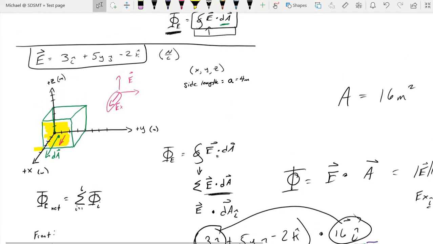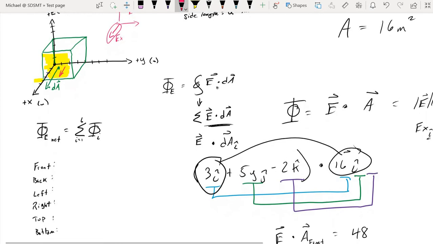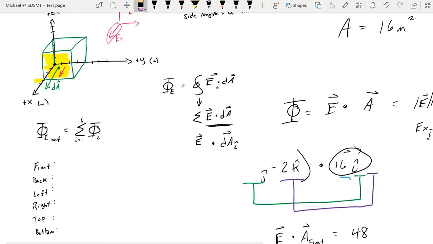And so we can actually save ourselves a whole lot of work by keeping in mind that only the component of field that actually passes through any given face is actually going to contribute to the electric flux. And so now that we know that, let's take that idea and run with it.